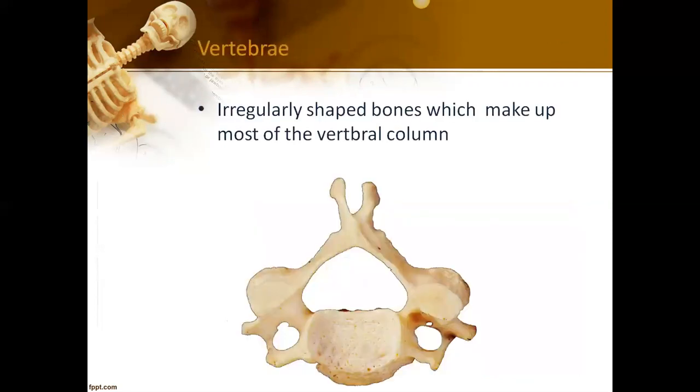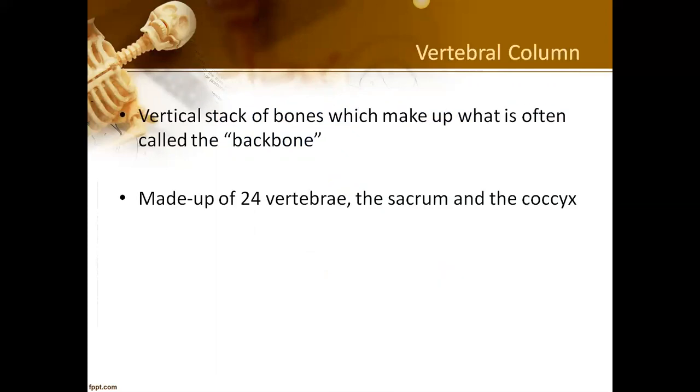Okay, here's a picture of an individual vertebra, and they are stacked in your vertebral column. They're irregularly shaped, and they make up most of the vertebral column. There's a couple other sections that we'll talk about too. So the vertebral column is just a stack of bones, and we often call that your backbone.